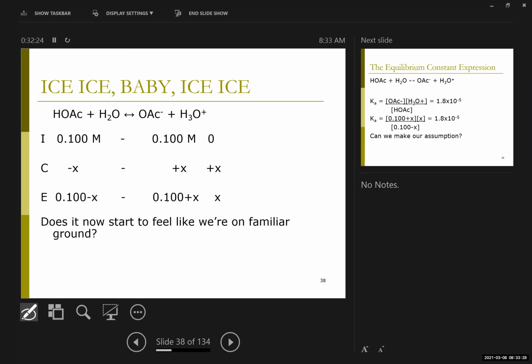I kind of sort of want to say whoop-de-doo. In the end, it's the same methodology I always use for solving an equilibrium problem. The change line is minus x, plus x, and plus x. I plus C equals E, and I'm going to use the equilibrium constant, which I know, to solve for x, and then I know everything.